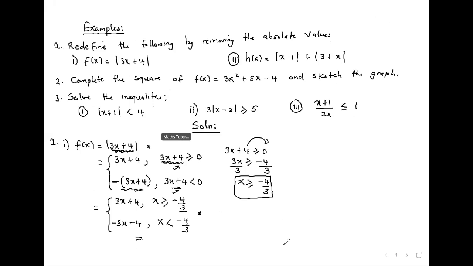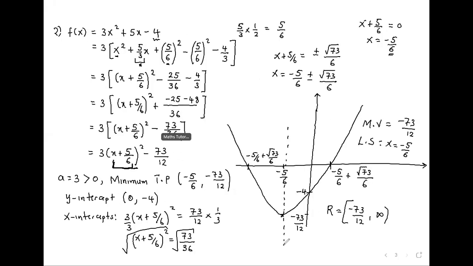Solve |x + 1| < 4. Whatever you call it, the minimum value is always the term that is standing alone.